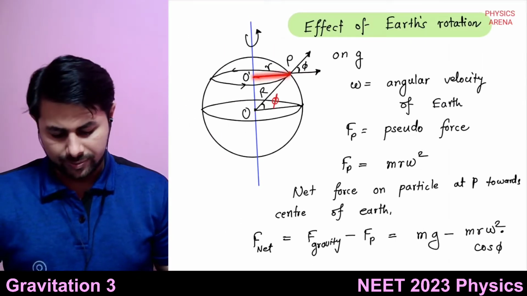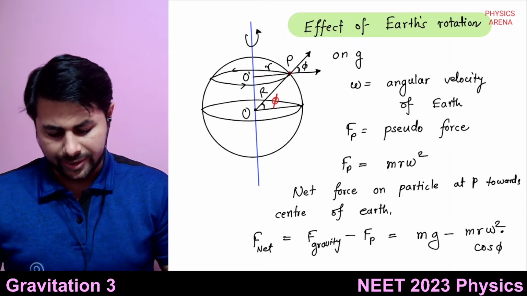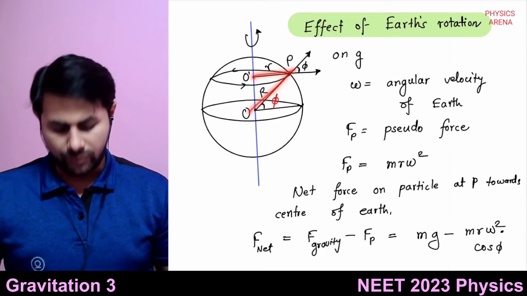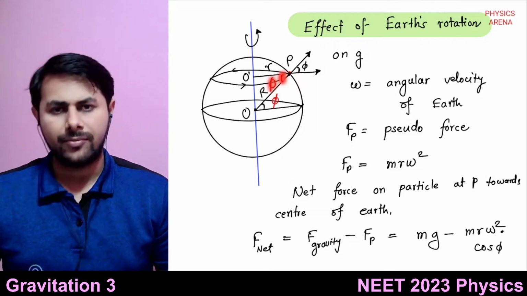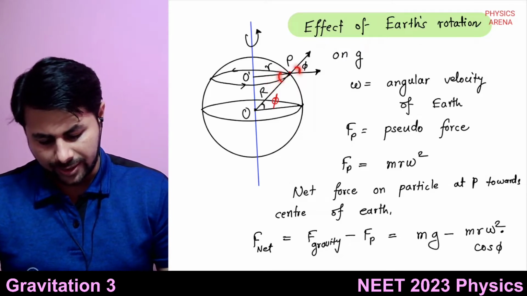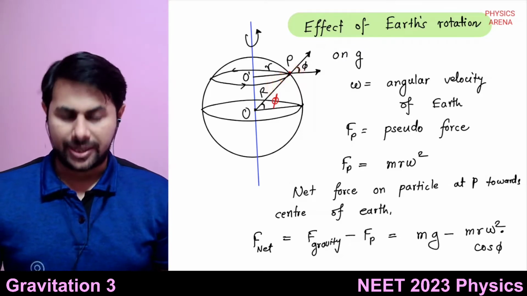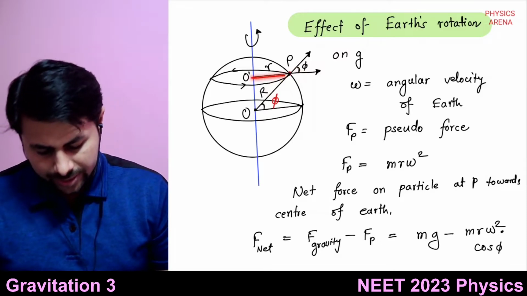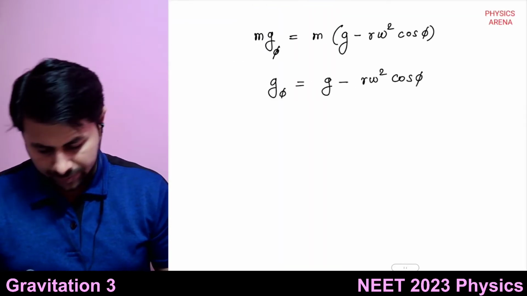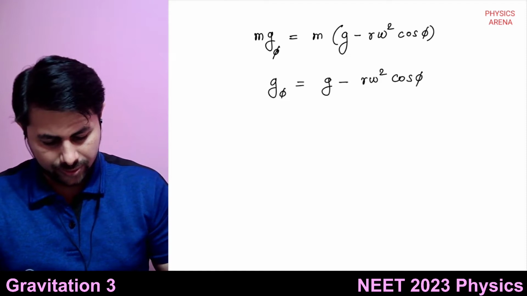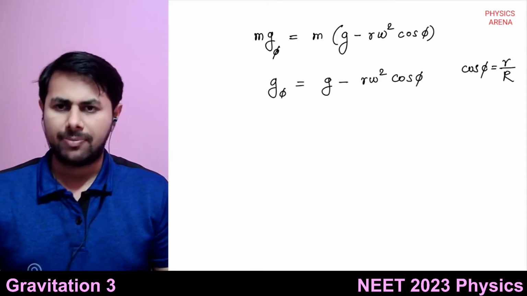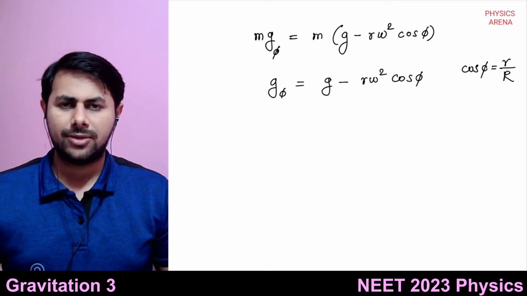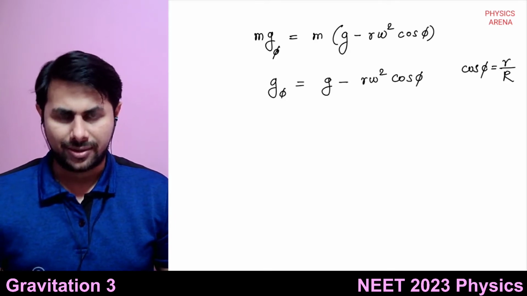Now this small r, if we relate small r and capital R, what will be the relation? See, this angle is also phi, since it is the vertically opposite angle. So cos of phi is small r divided by capital R, therefore small r is equal to R times cos of phi.